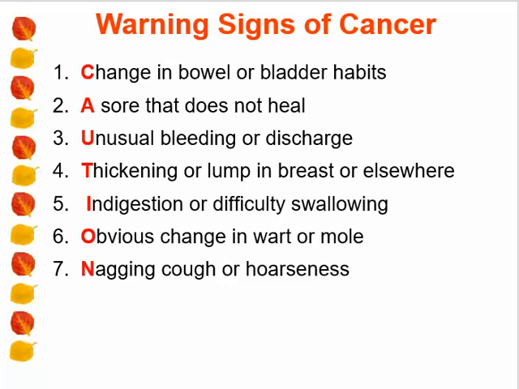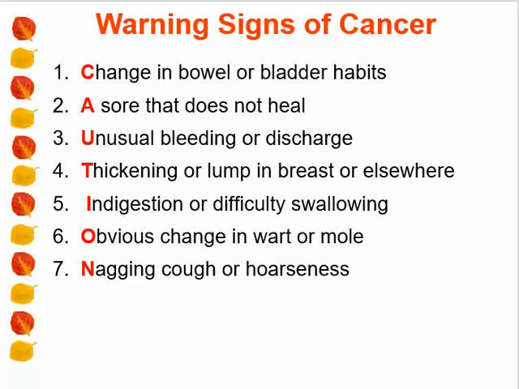So change in bowel or bladder habits is probably colorectal cancer. Sores that don't heal is probably some sort of basal cell or squamous cell carcinoma in the skin. Unusual bleeding or discharge probably has something to do with uterine cancer.